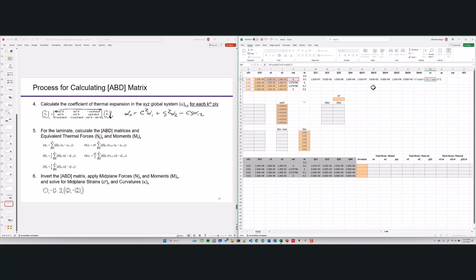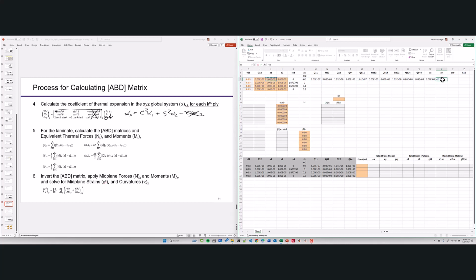And then remember, in our material system, alpha 1,2 is always 0 because you don't get a shearing strain due to a change in temperature for a ply in the material system, which means all this goes away, which means I don't have to calculate any of that at the end of the day in this particular case. And so I'm done with this equation over here. And I get my alpha x, which should be the same as what I had because it's a 0 degree ply.